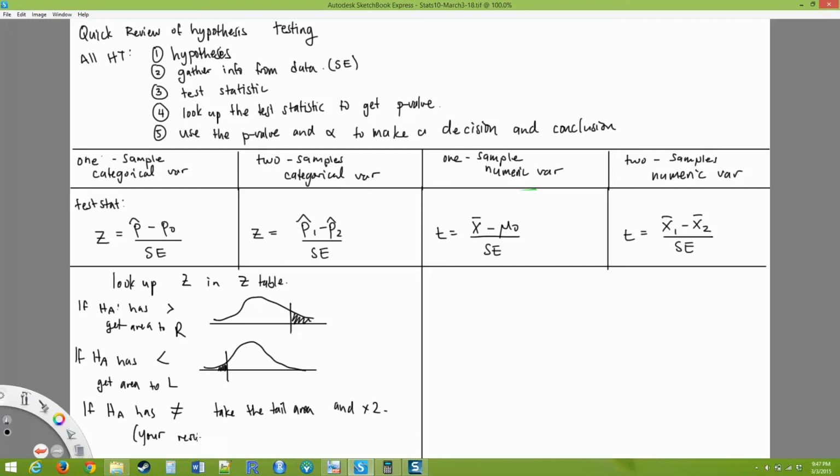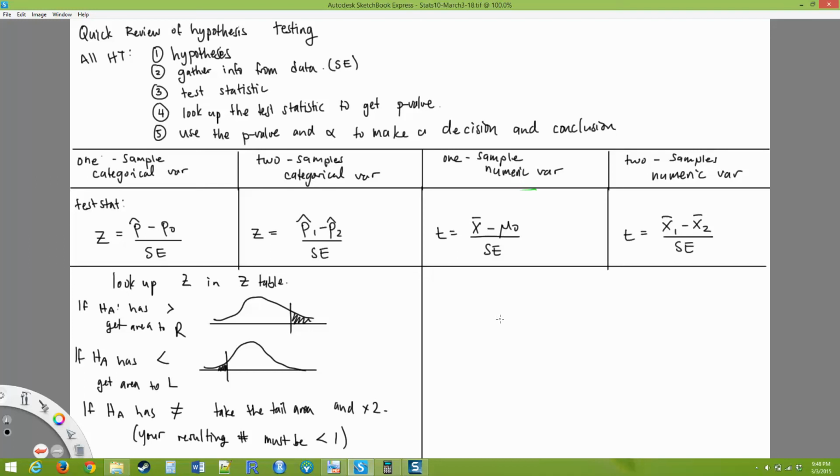For all of them, your resulting number must be less than 1, okay? Because it's a p-value. A p-value is a probability. Probabilities always have to be less than 1. So if you're getting something greater than 1, you know you made a mistake.